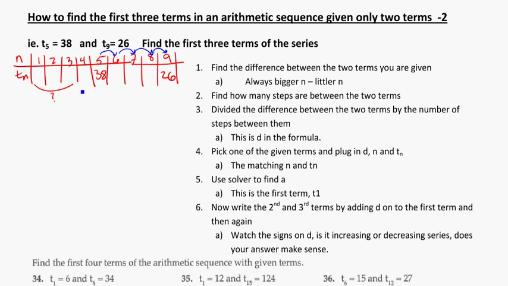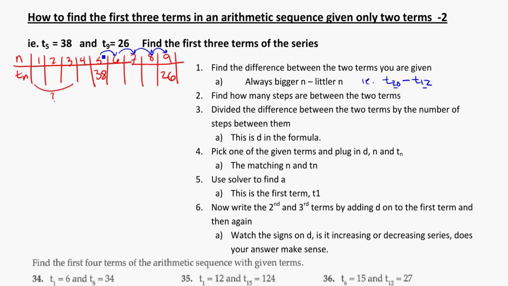One way to do this is actually to do some math. Let's find the difference between the two terms we were given. And we always want to start with the bigger n minus the littler n. As an example, if I was given term 12 and term 20, I would do term 20 minus term 12 because 20 is bigger than 12.